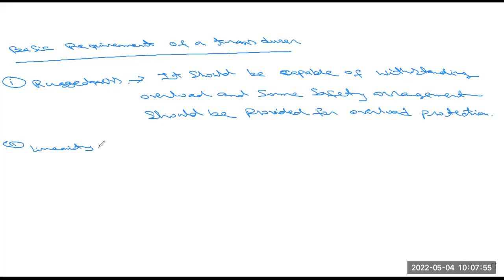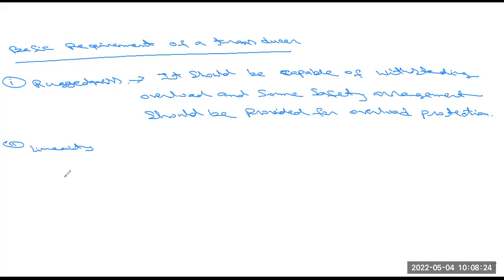When you measure input and output, converting energy from one form to another, you measure a symmetrical physical quantity using linearity. Its input and output characteristics should be linear, and it should produce these characteristics in a symmetrical way. So this is linearity.